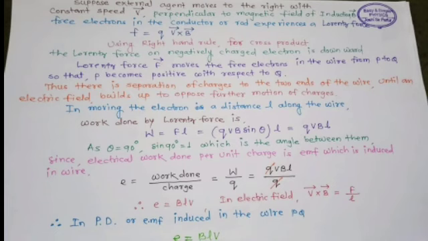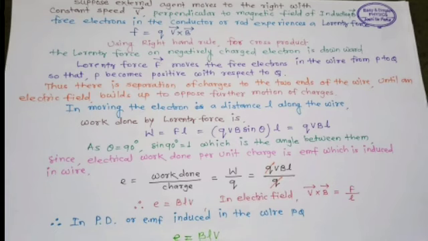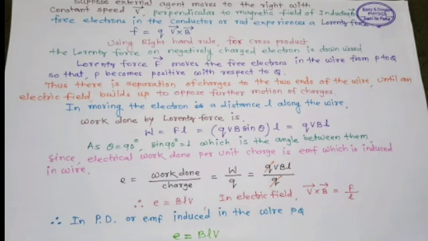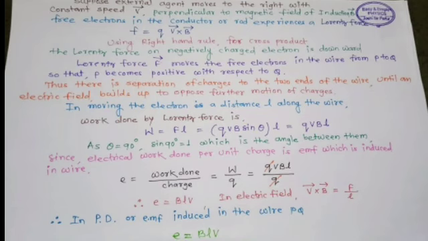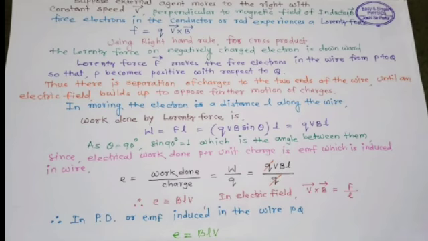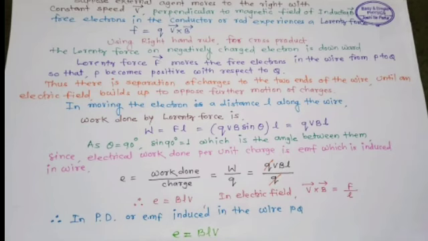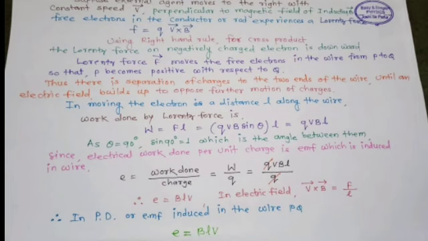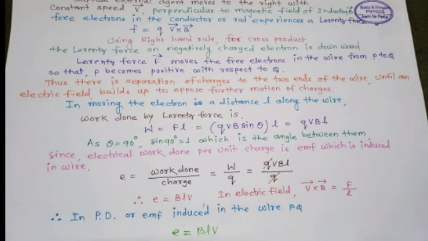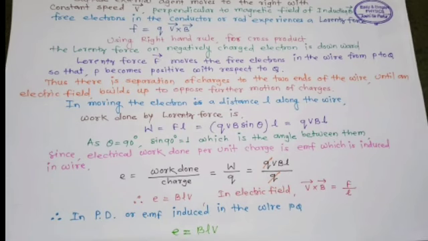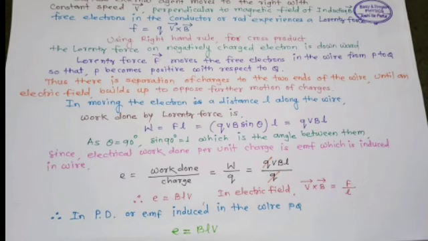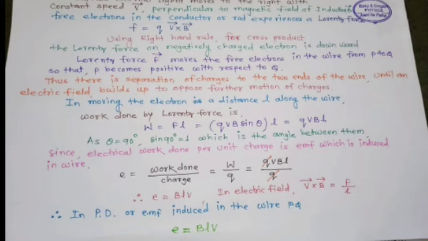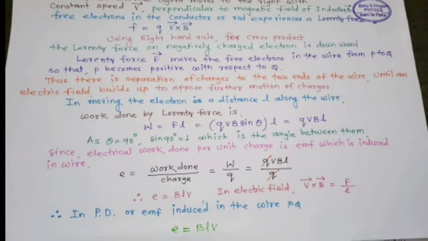Here, using the right hand rule for the cross product, the Lorentz force on the negatively charged electron is downward. So the Lorentz force vector F moves the free electrons in the wire from P to Q, so that P becomes positive with respect to Q. Thus there is separation of charges to the two ends of the wire until an electric field builds up to oppose further motion of charges.